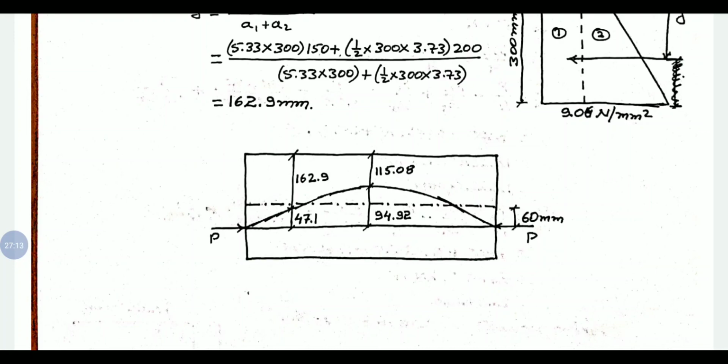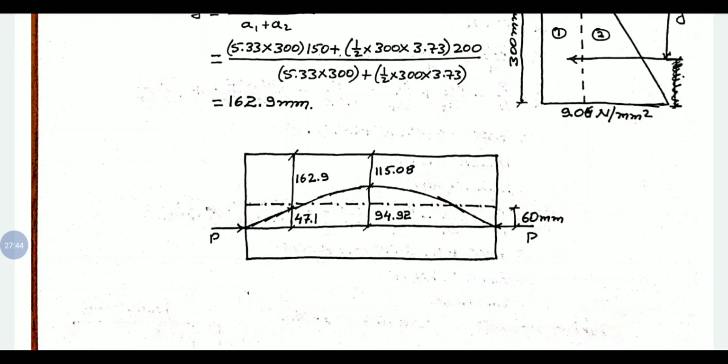But what we call the lever arm is the distance from the tendon to the location of the compressive force. So 162.9 is from the top. The remaining distance is 210 minus 162.9, we will get 47.1, that is the lever arm. 47.1 is the lever arm.